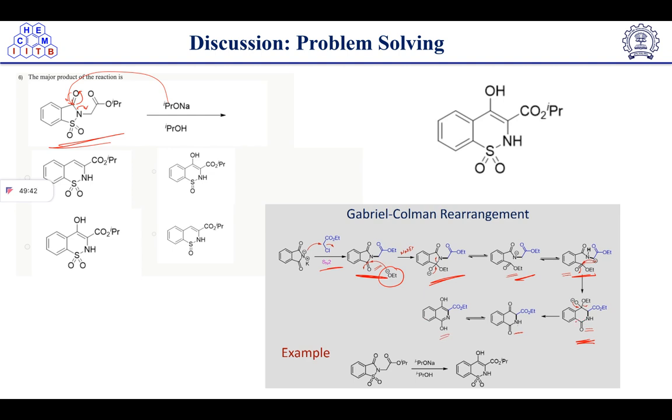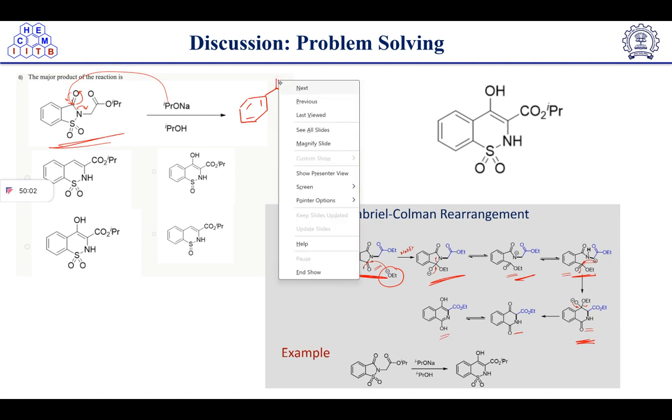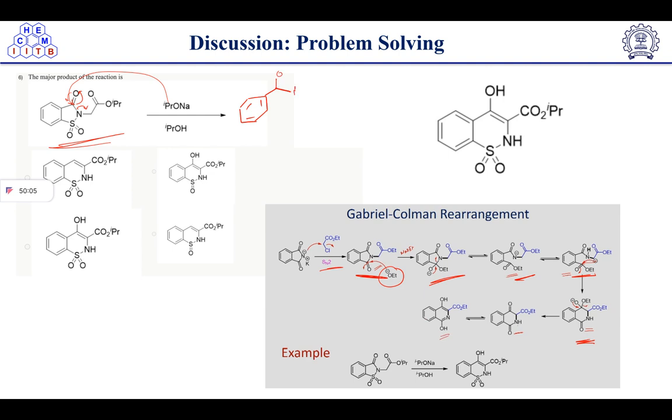After the 6 member cyclic ring formation, in this case also, I will draw here. Okay, this way.